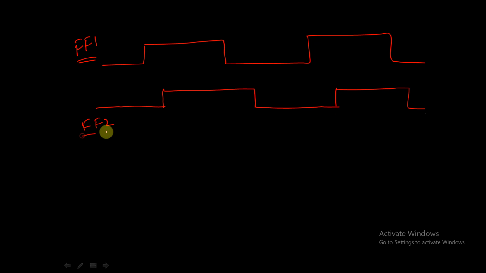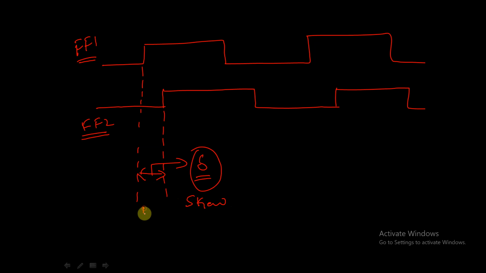This is the clock which is going to flip flop 2. You can observe here there is a time difference. This time interval is called skew. So this is a positive skew. Let's represent this with the symbol delta.